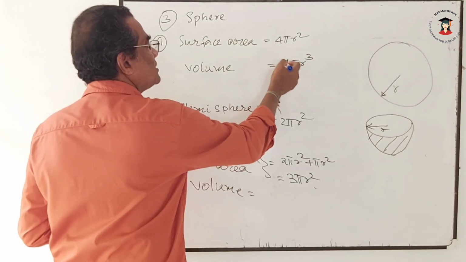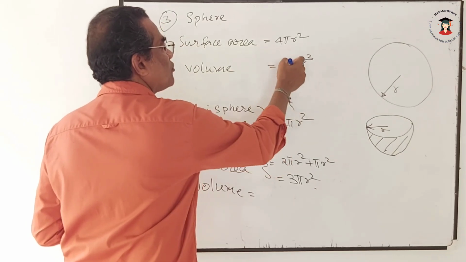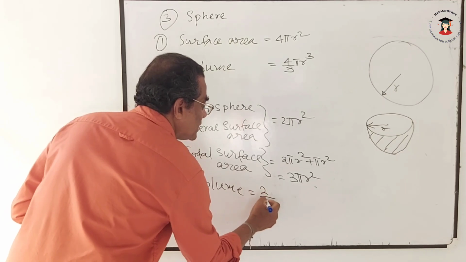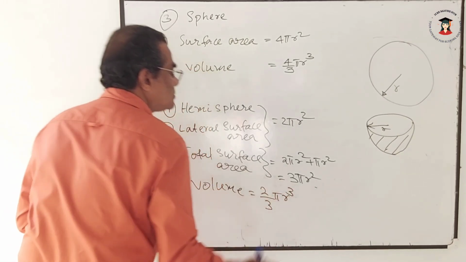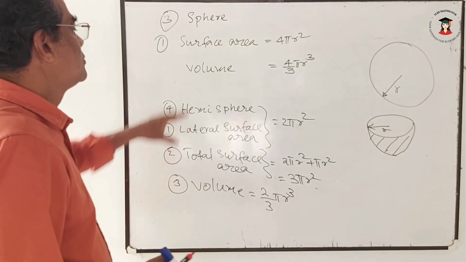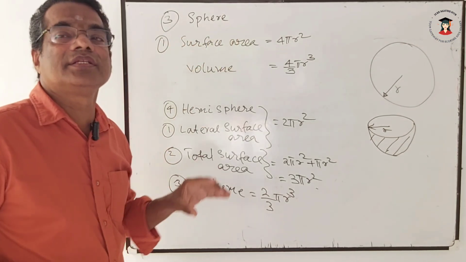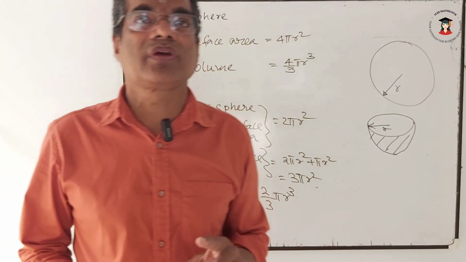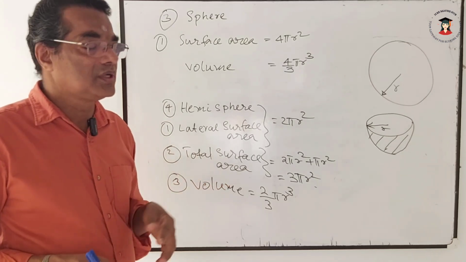So half of this means divide this formula by 2, and 2 and 4 will get divided and you will get the numerator 2, then 3 pi r cube. So you need only remember this formula: the surface area of a sphere is 4 pi r square and its volume is 4 by 3 pi r cube.